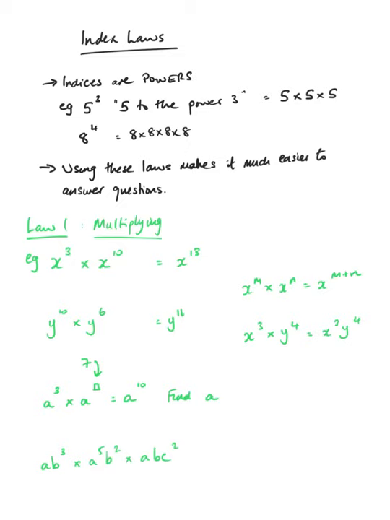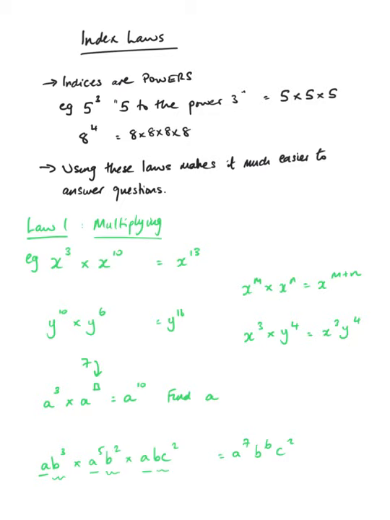I'm going to look at my a's first, so I have an a here, a to the 5 here, and another a. So that's a to the power 7. I also have, if I think about the b's here, here, and here, so I have b to the 3, so that's 3, b squared, so that's 5, and another b, that is 6. So that's b to the power 6. And I have a c squared because there aren't any c's in the first two parts.